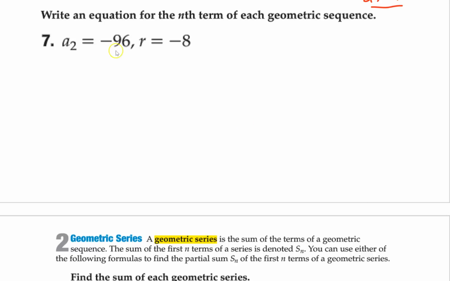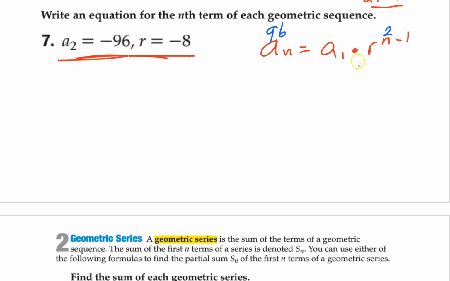Here's another one, same idea. Notice I have A2 and I have R. I don't have A1, so let's write our formula down. A2 equals 96. So again, that means when I plug in 2, I get 96. R is negative 8, so this is all negative 8.